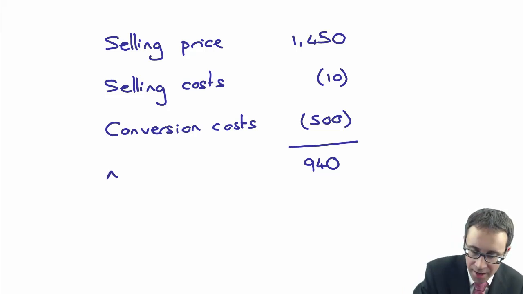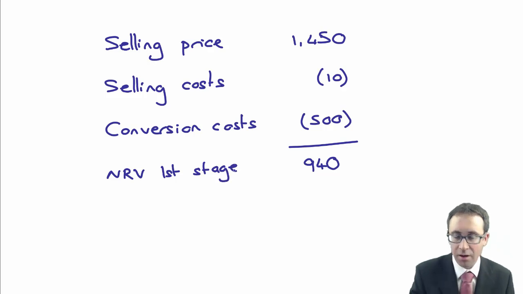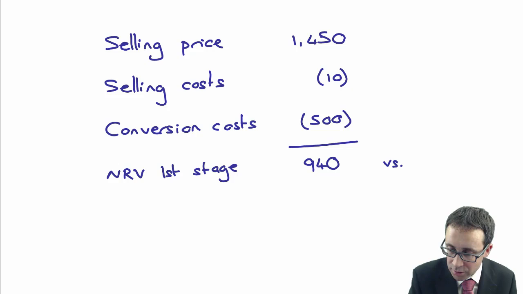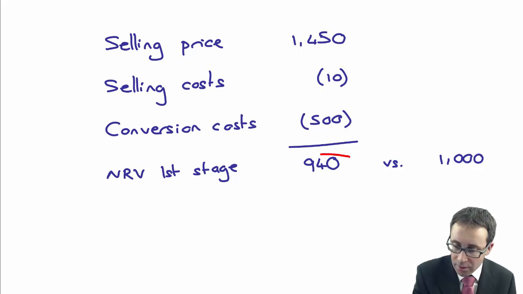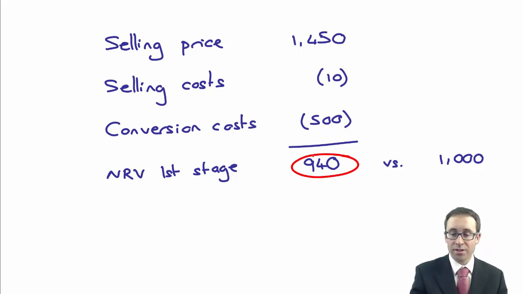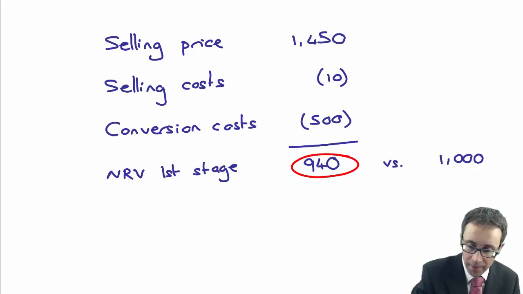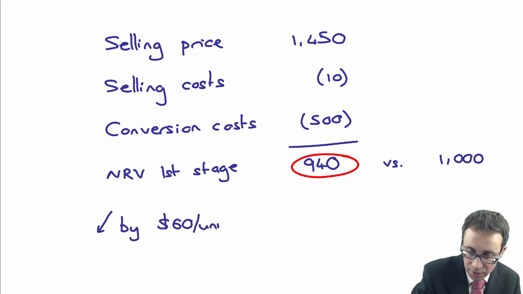So what you have there now is the NRV, isn't it, of the first stage of the production process versus a cost which was there of 1,000. So they've got it recorded at 1,000. The lower of the two is the 940. So again, that is a reduction by, is it $60 per unit?